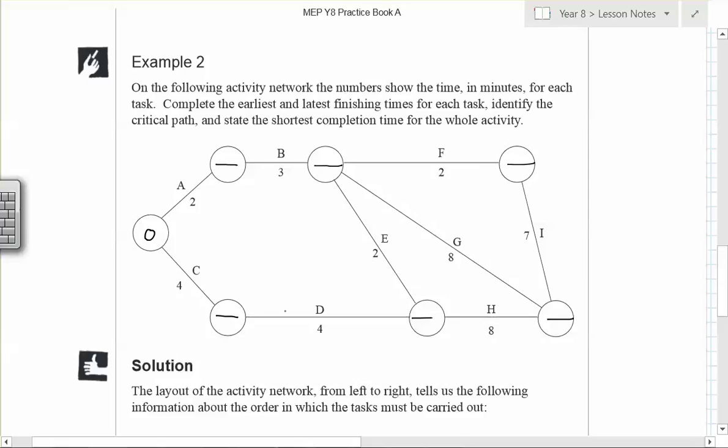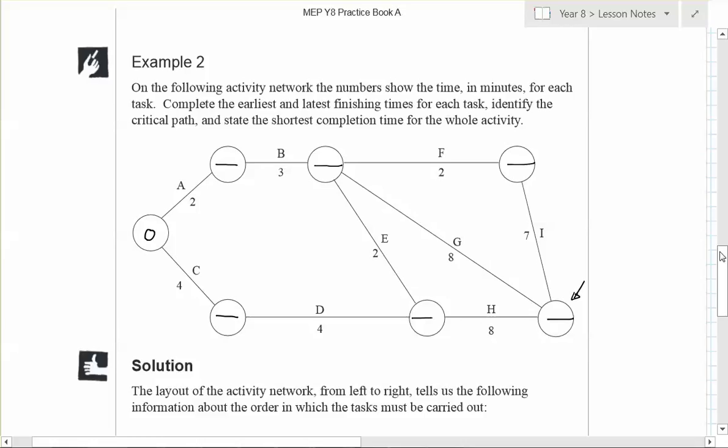Right, so clearly the last one to happen is this one, isn't it? It goes A, C, D, E, F, G, H, I. But that's the N.